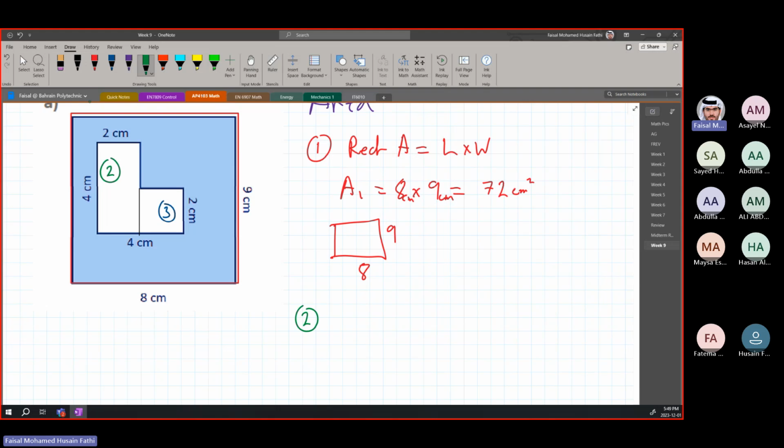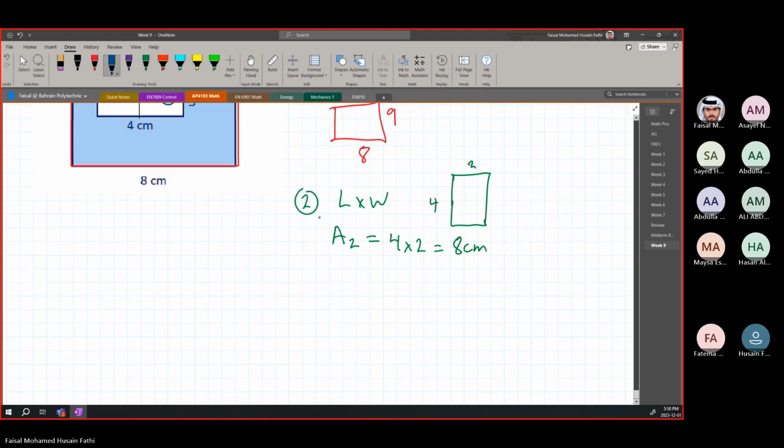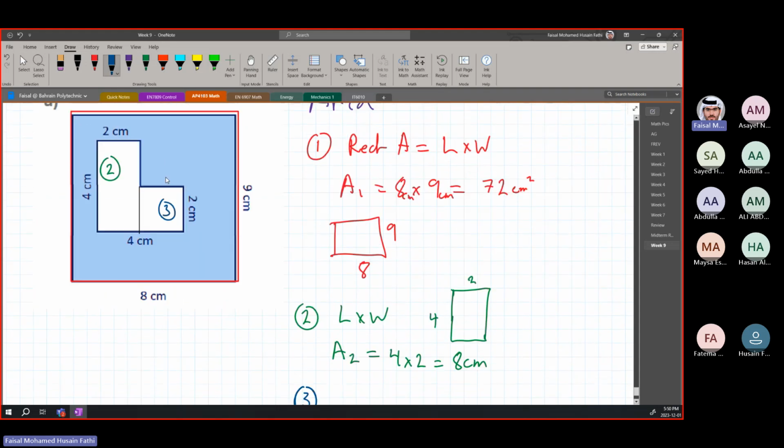Area 2 is also a rectangle, so it's length times width. The shape of area 2 is a rectangle that is 2 by 4, so it's going to be 4 times 2, which is equal to 8 centimeters squared. The same exact thing we will do again for the third shape, which is this one.